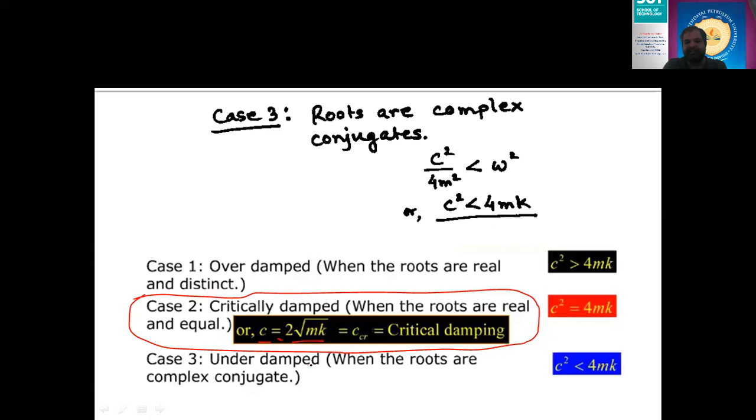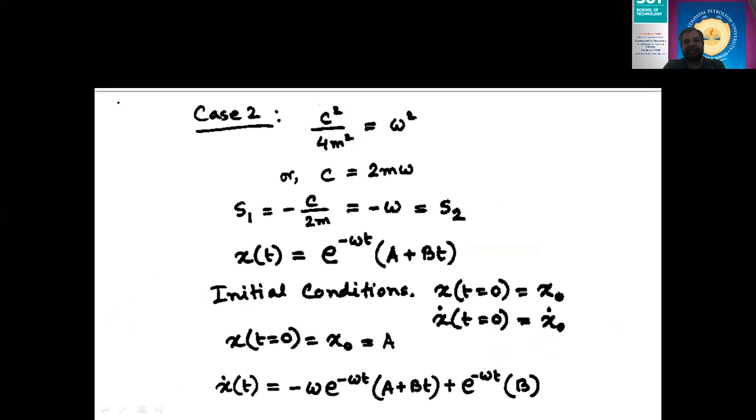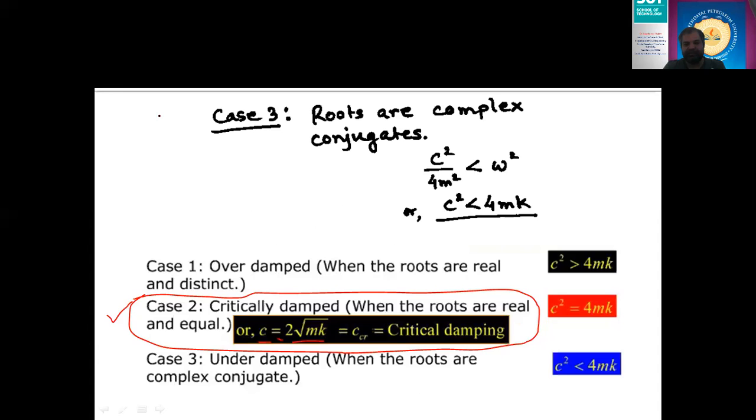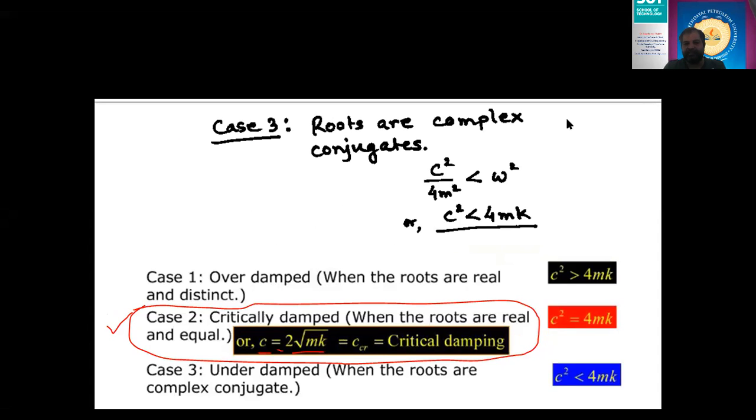So I am taking this as a base, and then after I will explain the others. So first let us define case number 2. As we have said, case number 2 is the critically damped condition when the roots are real and equal. Then this equation, C square by 4m square is equal to omega square, should hold.